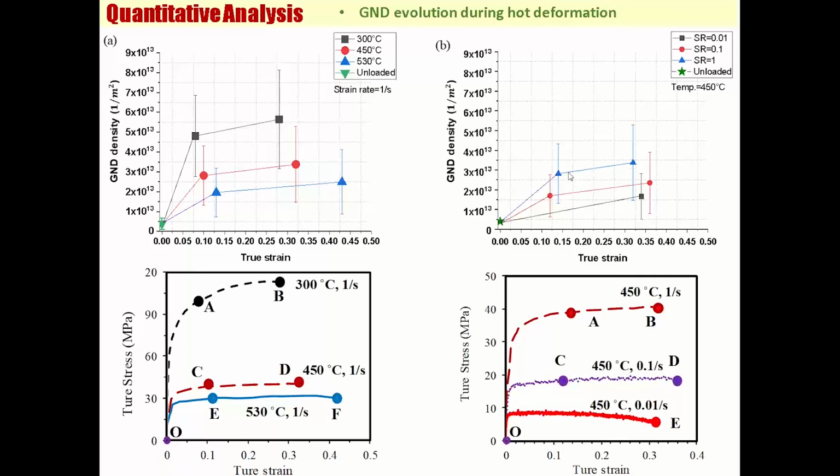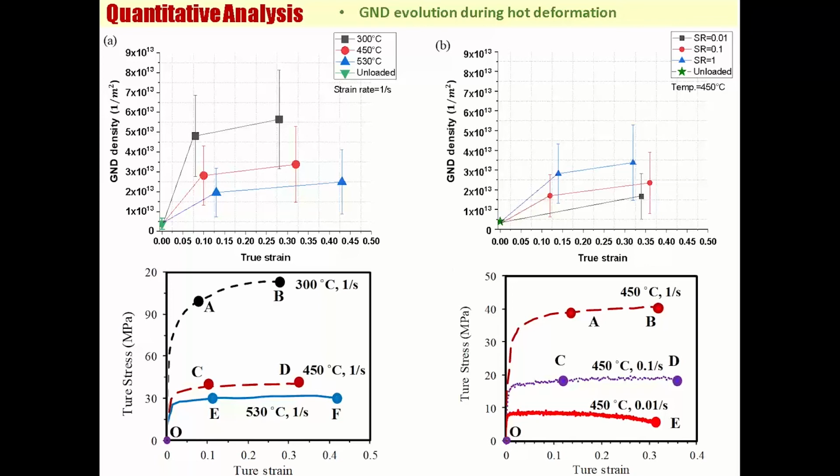So what we attribute for the dislocation density is how much deformation time is required for the deformation, and what is the deformation temperature for the GND density. That is how we considered the case.